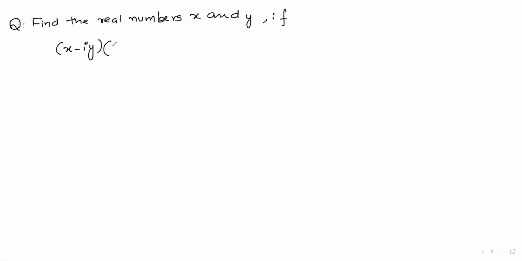This is a little tricky question. Find the real numbers x and y if x minus iota y into 3 plus 5 iota is the conjugate of -6 minus 24 iota.